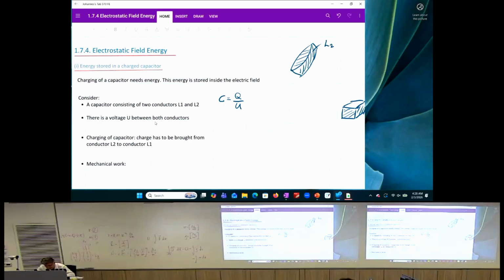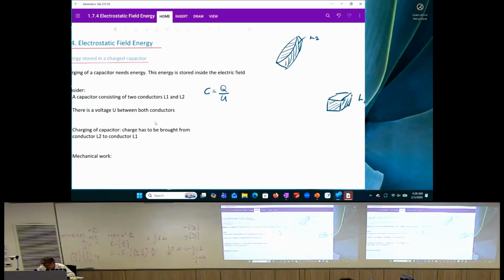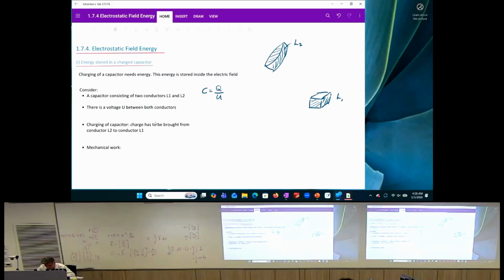So we consider a capacitor which consists of two conductors, this conductor L1 and L2. And we have to get a voltage between these two conductors.